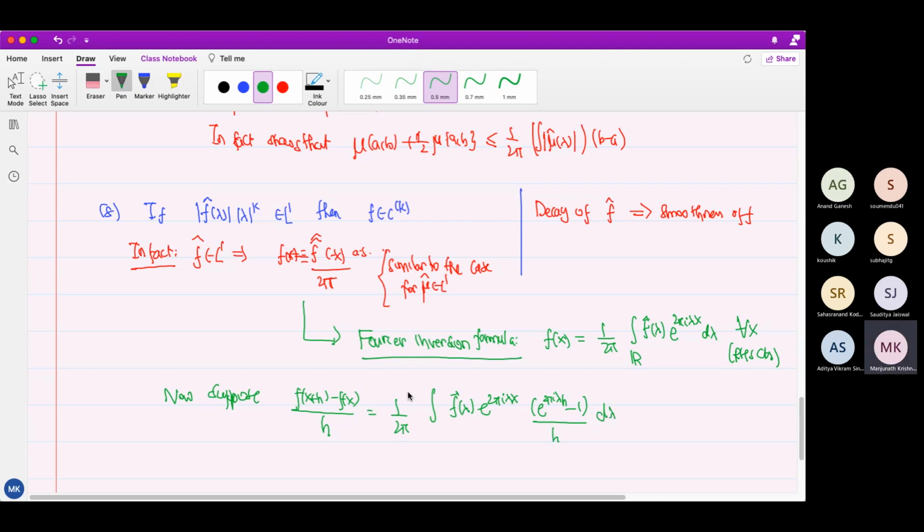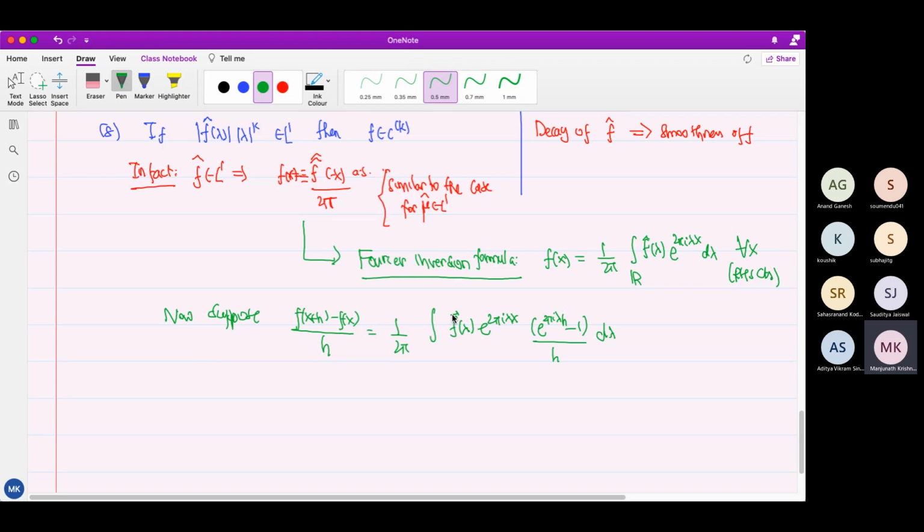Now the point is this is f hat, so by the Fourier inversion formula, we have this. Now we want to let h go to 0. Can we do that? What happens?